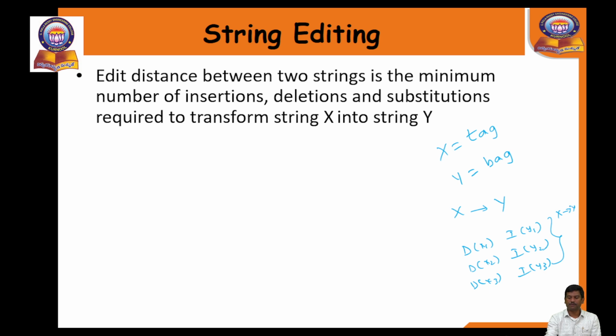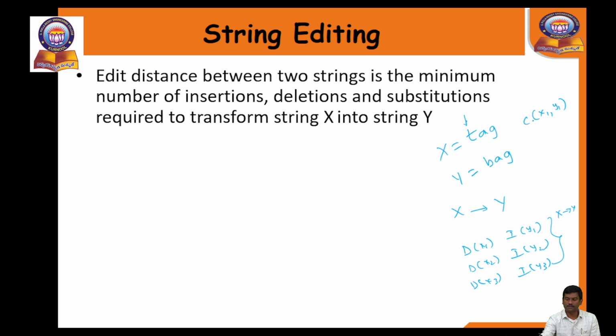The other possible solution is to just change the symbol t with y1, that is c of x1 comma y1. You're changing the symbol present in x1 with the letter y1.